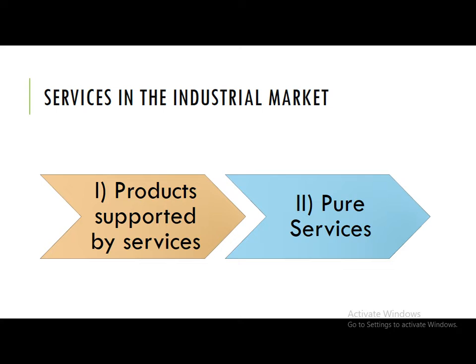For example, the consultation services associated with the sale of computers are as important as the computer itself. A significant portion of the revenue for an industrial distributor comes from product support services. An industrial marketer can create a differential advantage for the firm through such product support services.